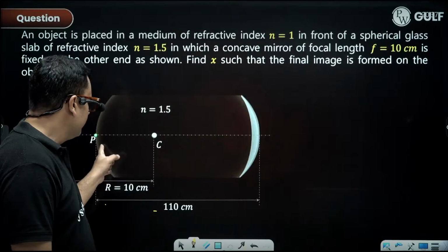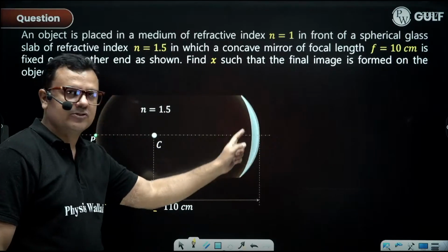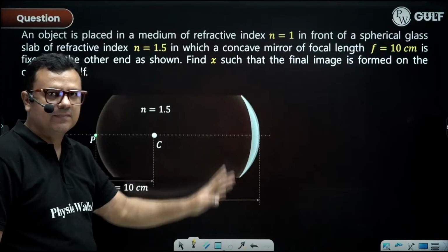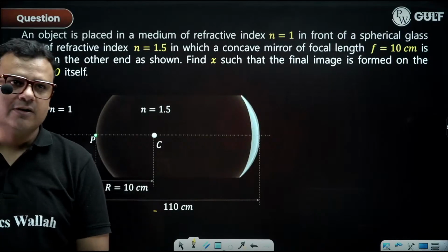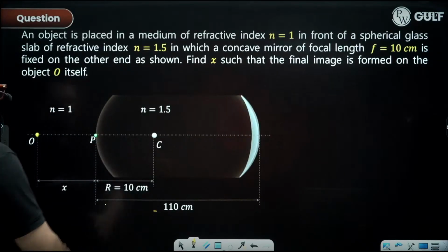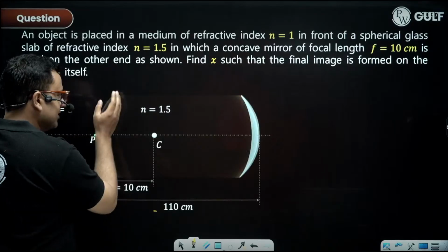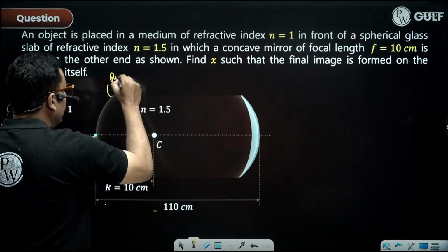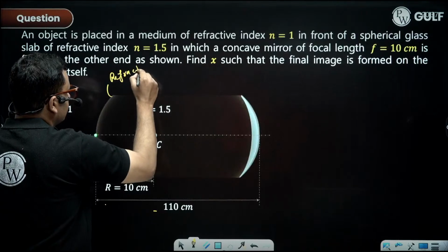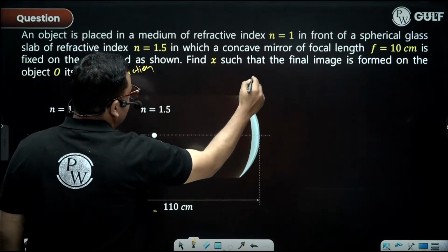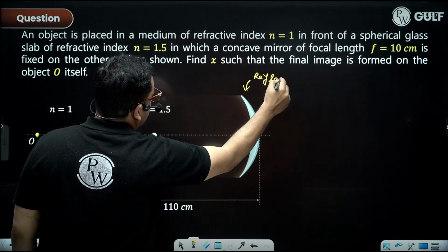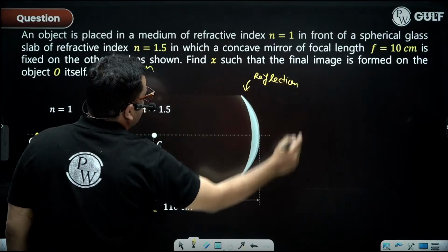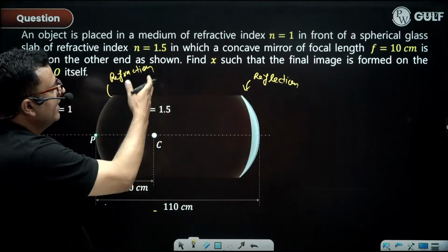It's a slab and it's a mirror, so the ray will get reflected by this one. First, it's a slab, so obviously the ray will refract. Over here refraction will happen, and over here reflection, because they mentioned that now it's a mirror.